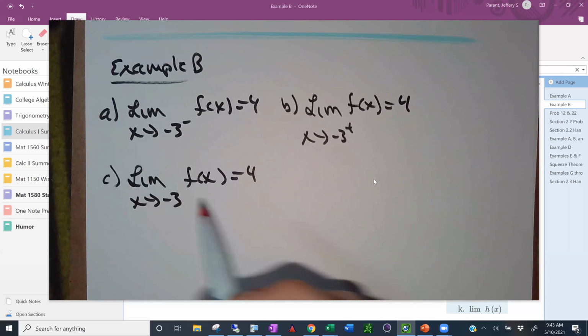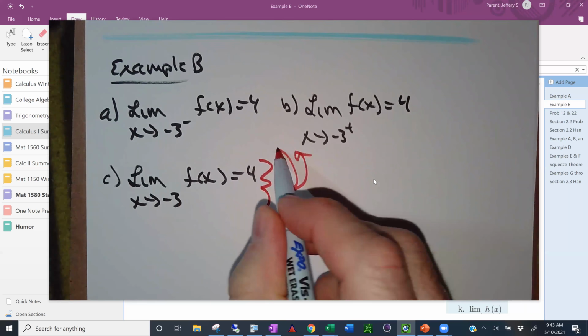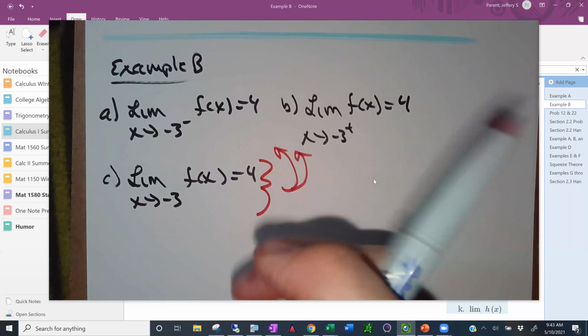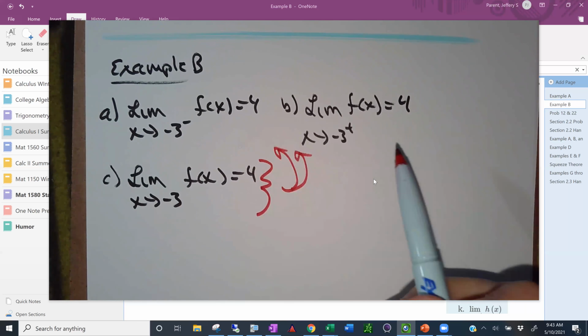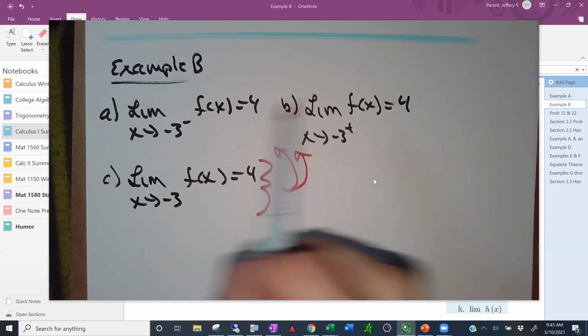Now, what this implies is that the limit from the left and the limit from the right match.